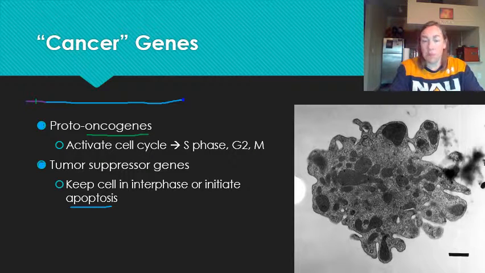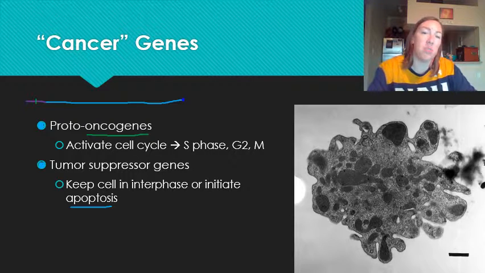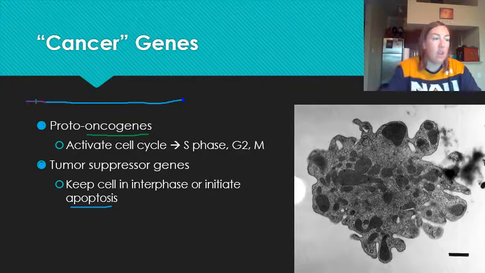If that's not the best word you've ever heard, I don't know what to tell you. But apoptosis is programmed cell death. So it's a protein from a gene that tells the cell there's something wrong, you need to kill yourself and save the whole organism.